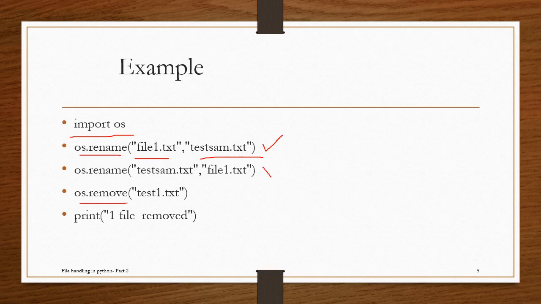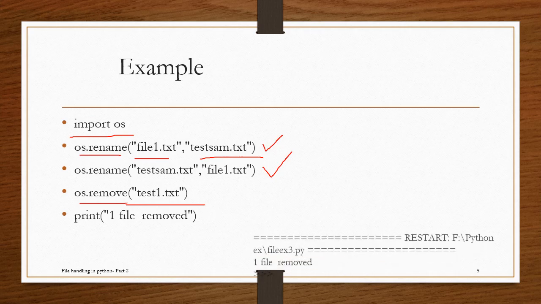And in the second statement, I am renaming it back to the original name, testsam.txt to file1.txt. And the remove method will permanently remove a file from system memory. For that, we are using the method os.remove followed by the file name as a parameter. The print statement will just display a message that one file is removed.